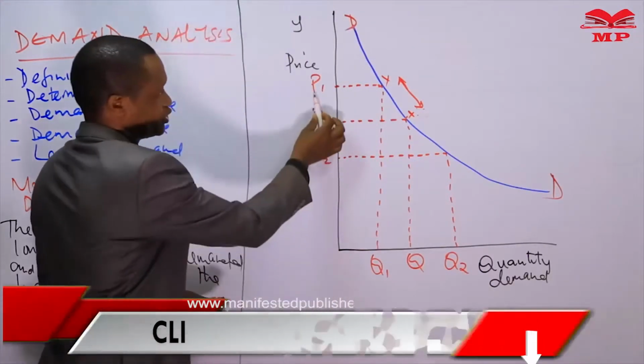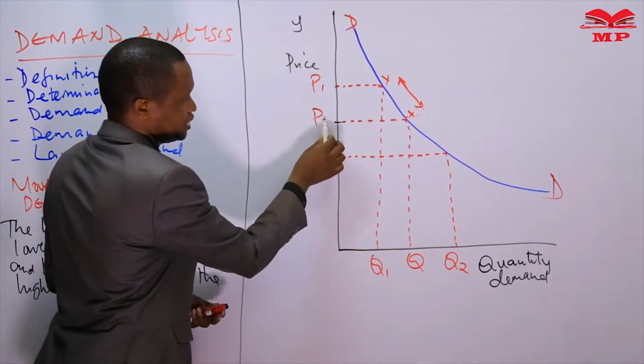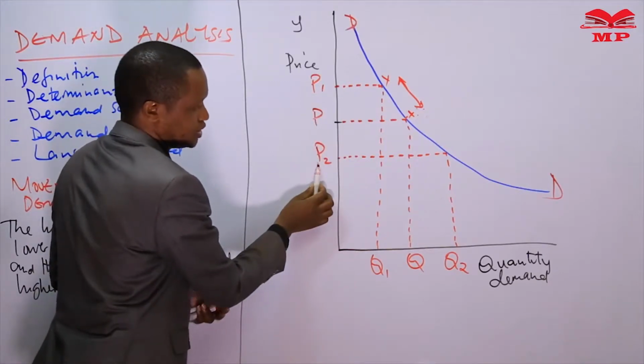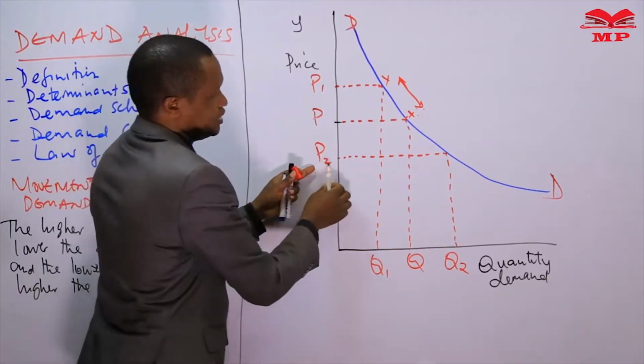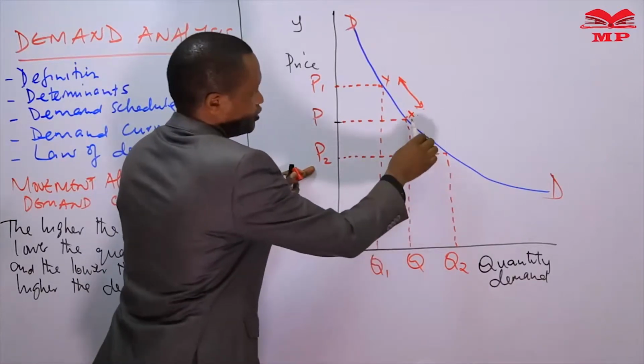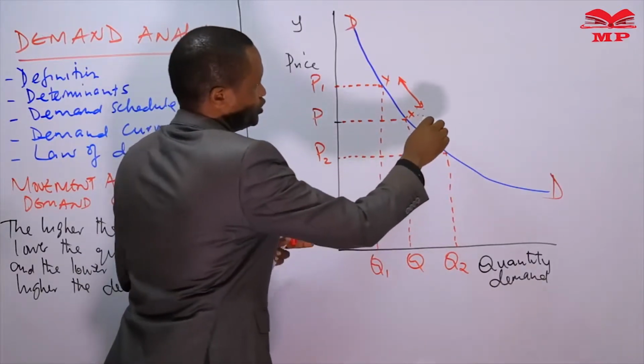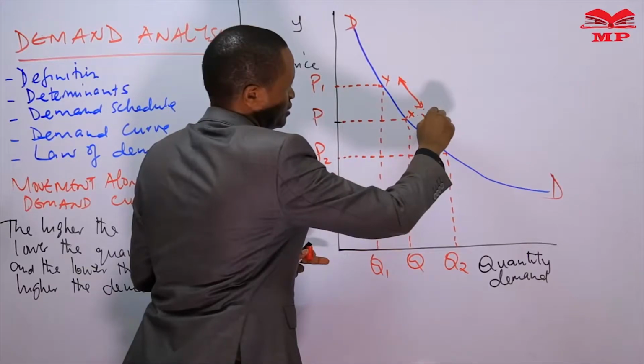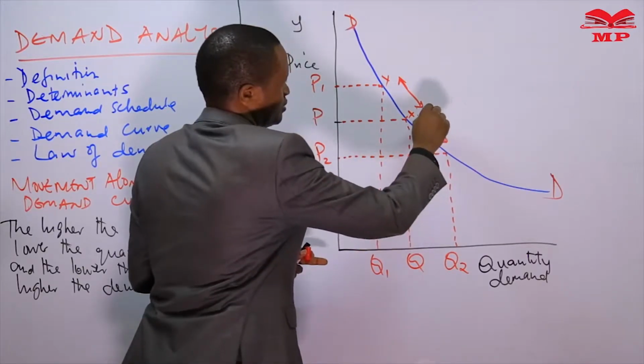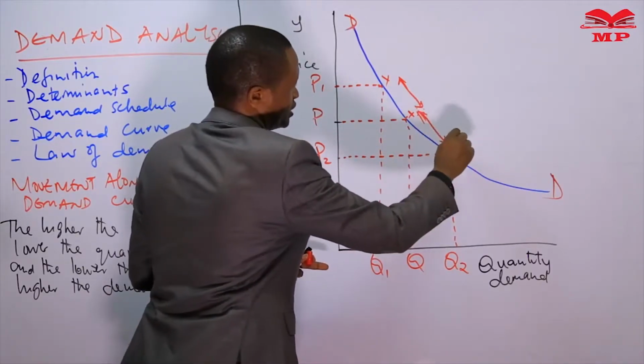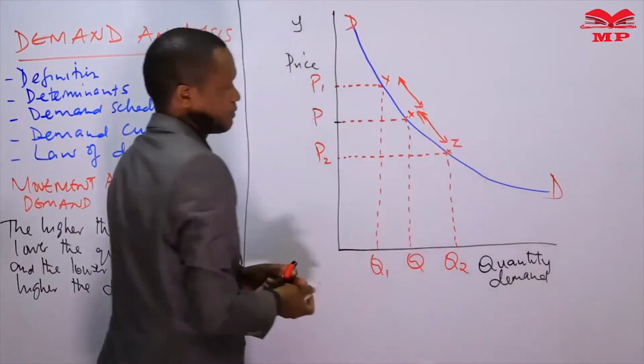When there is a reduction in price from P to P2, you can see again there is a shift from X to Z, to this point.